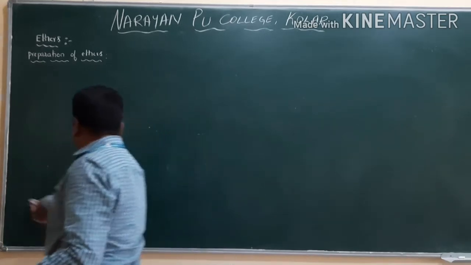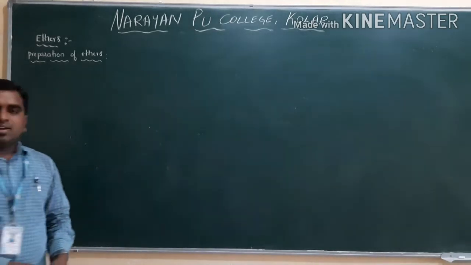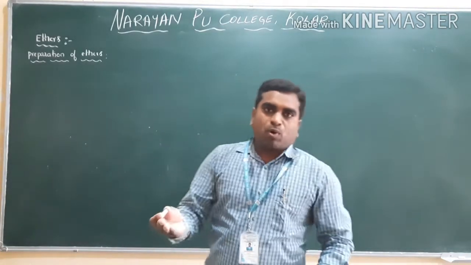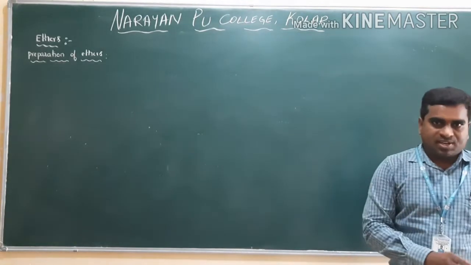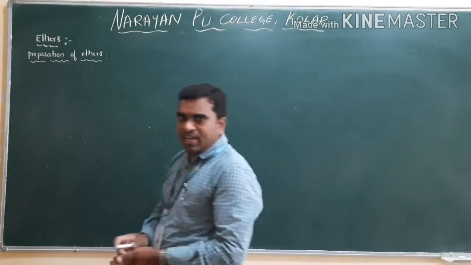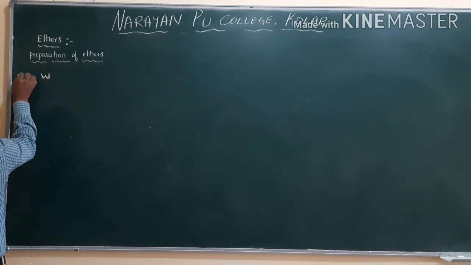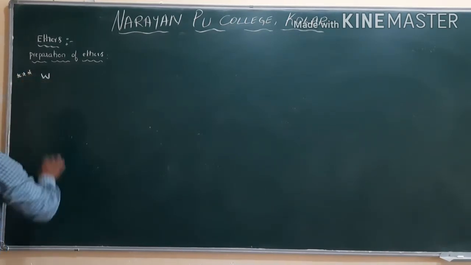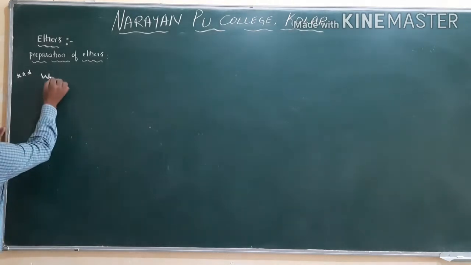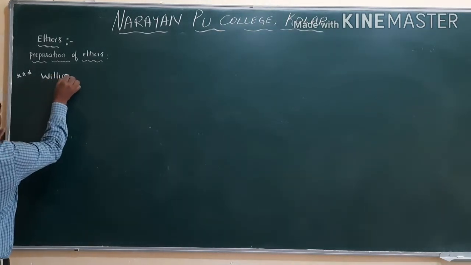Ethers are the product in the Williamson's reaction. Clear? And roughly I will write here what the Williamson's reaction is. Next one is very important for your PU examination and also for competitive exams.